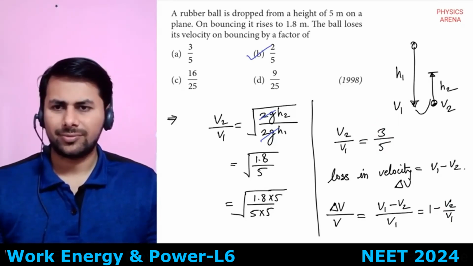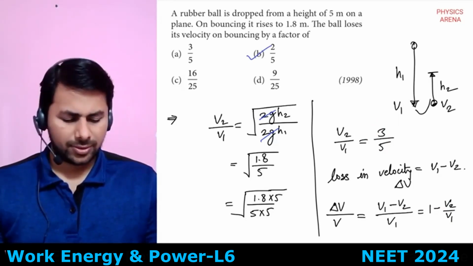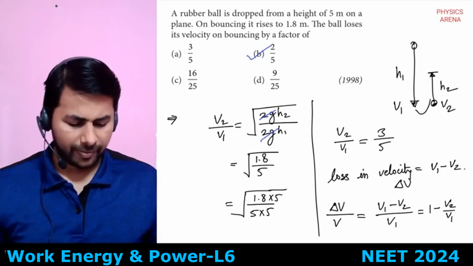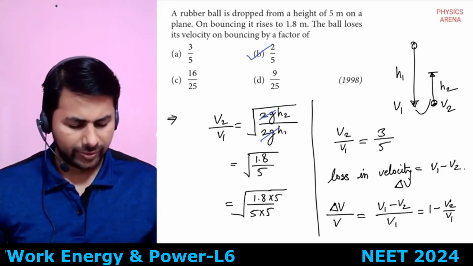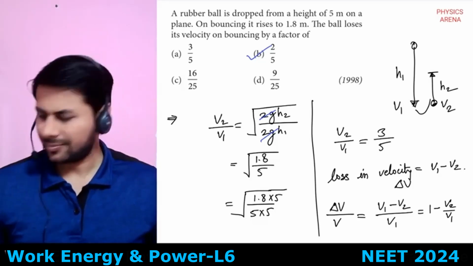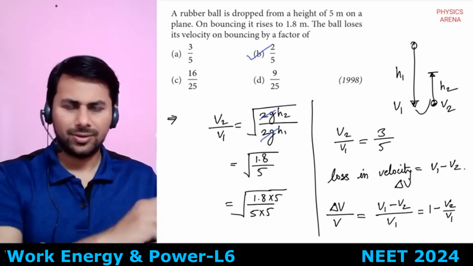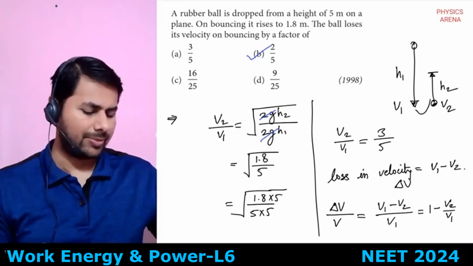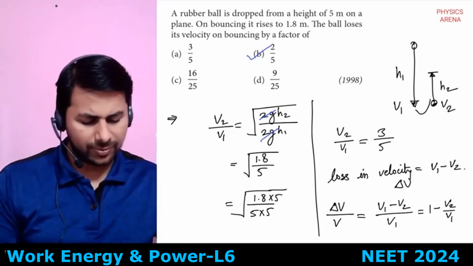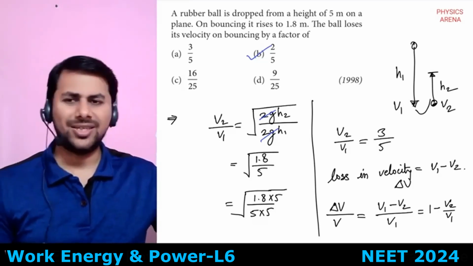Is this clear? So you already said 1 minus v1 by v2 or something, you were saying 1 minus 3 by 5. How come directly?